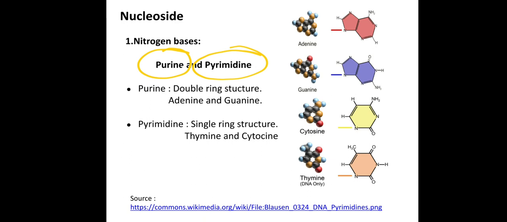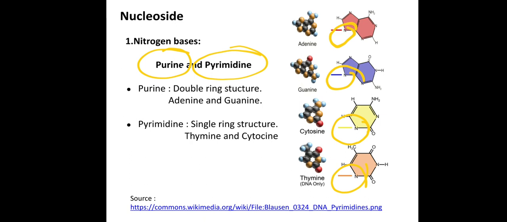It is called a nitrogenous base because it has nitrogen. Every molecule you are seeing here has nitrogen in it. Since it has nitrogen and is basic in nature, it is called a nitrogenous base.